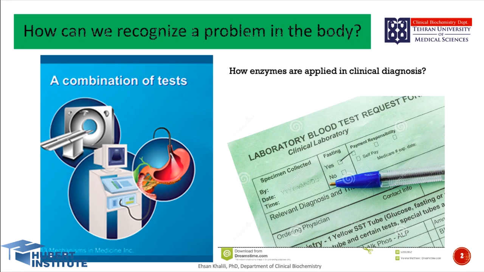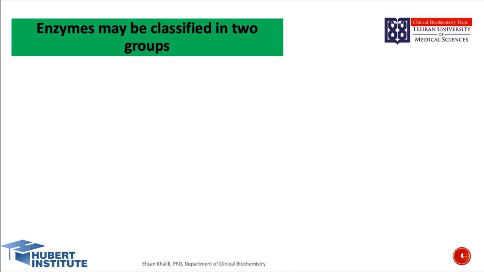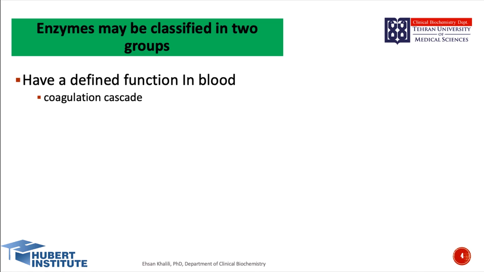All enzymes that we have in blood circulation are classified into two big groups. Measurement of the activity of enzymes in plasma has value in the diagnosis and management of a wide variety of diseases. So about the plasma enzymes, we can have two big classifications based on their function in blood circulation.